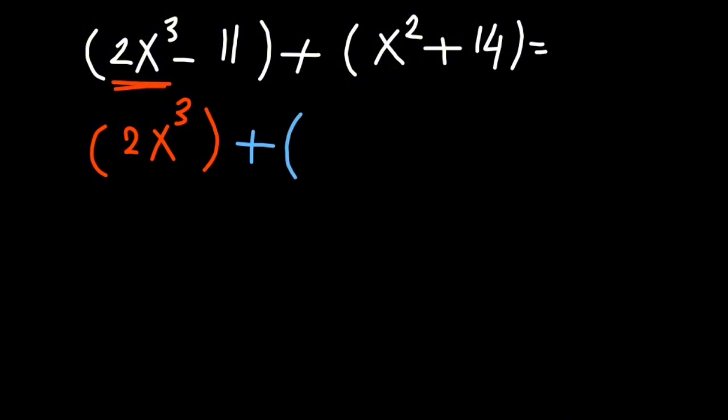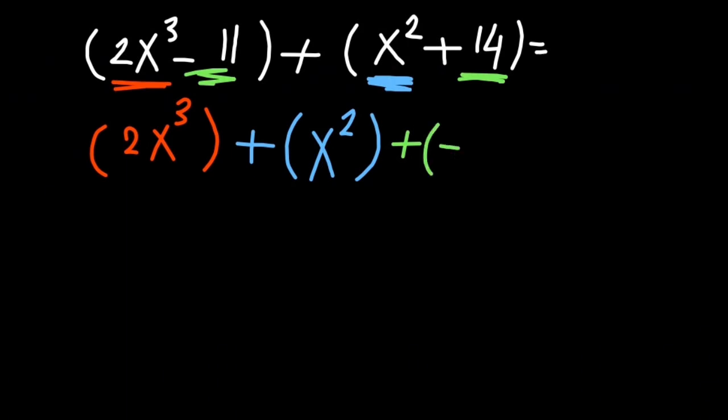Let's check the lower degree. We can see it's x squared, but it's the only x squared in our example, so I'm going to keep it again by itself here. And now we have the last two terms, which are negative 11 and plus 14. I'm going to combine them together. Why? Because they are both constant numbers, they don't have any variable. So I'm going to put negative 11 plus 14 in brackets.